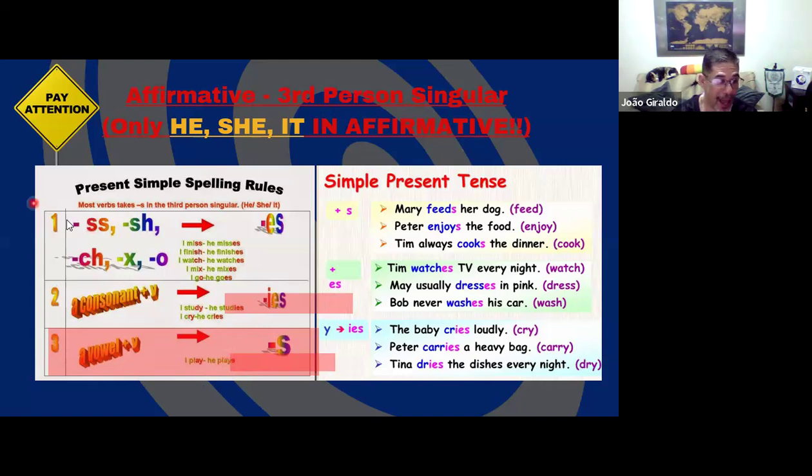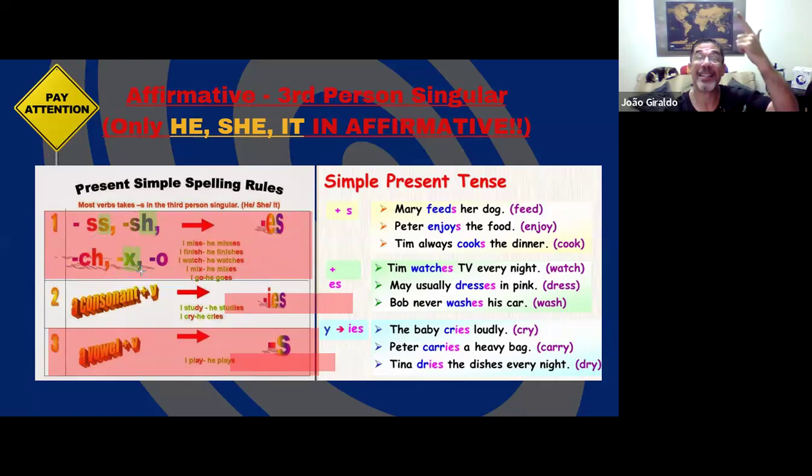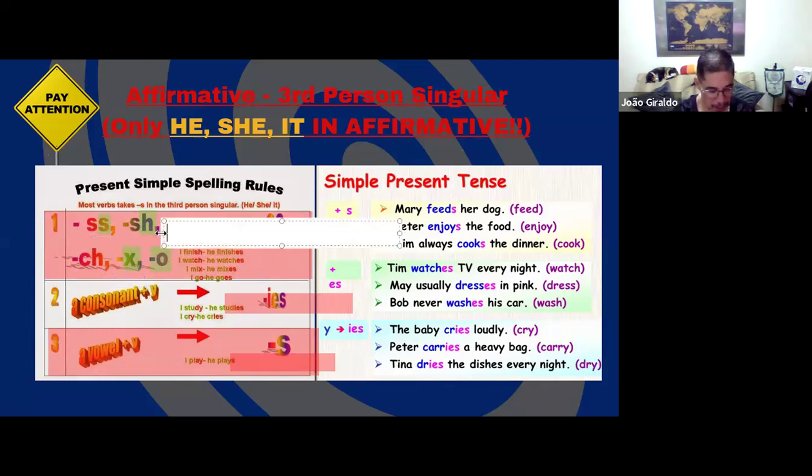The other rule we have here is rule number 1, that basically verbs that finish, the final letter of the verb, is the letter S, the letter H, the letter X, the letter Z, and the letter O. So let me put here the letter Z that is missing here.